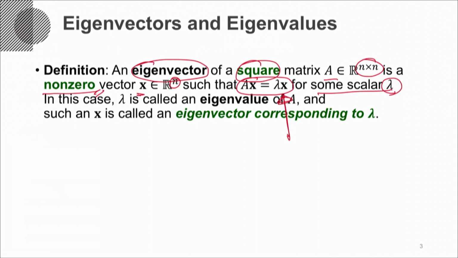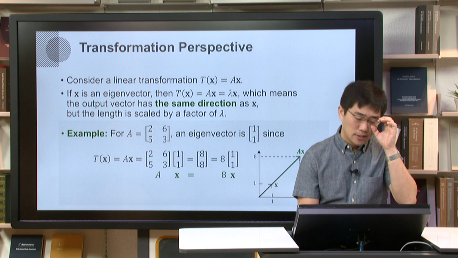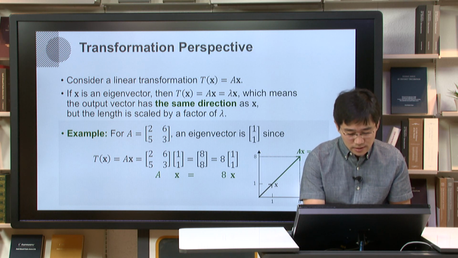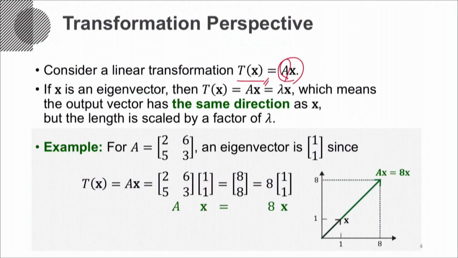corresponding to lambda. Let's understand the characteristic of this eigenvector from the transformation perspective. Let's consider a linear transformation T(x), which is defined by Ax, where A is a given matrix. If x is an eigenvector, then Ax will be represented as lambda x, which means the output vector has the same direction as x, because this vector is just a scalar multiple of vector x.